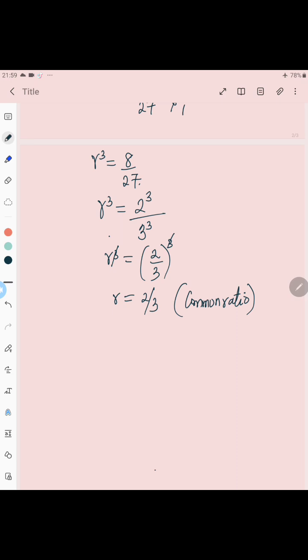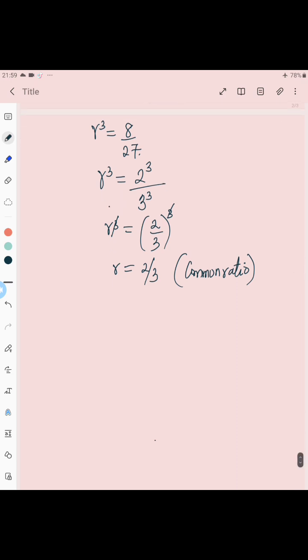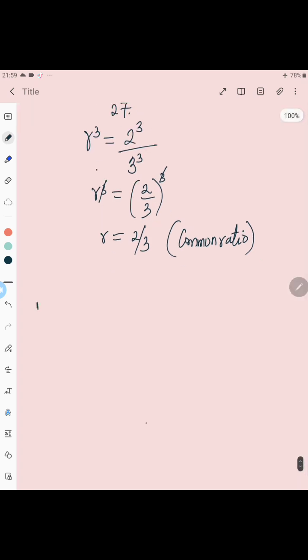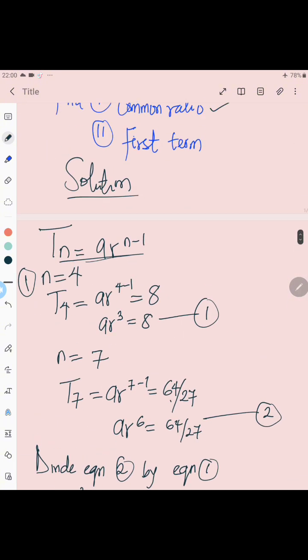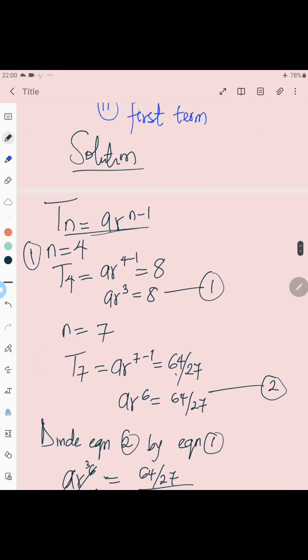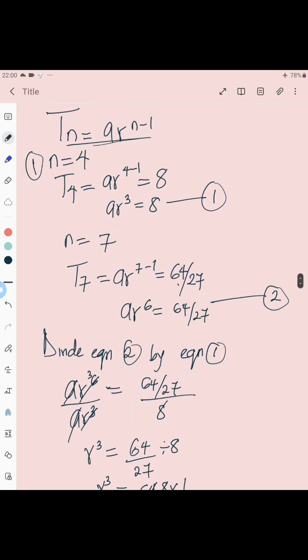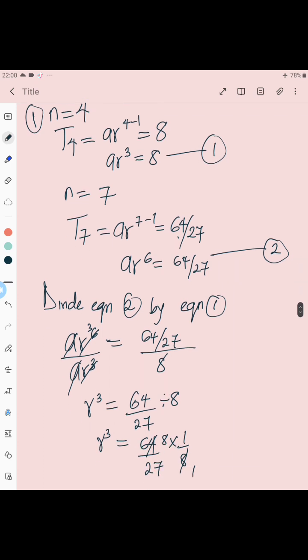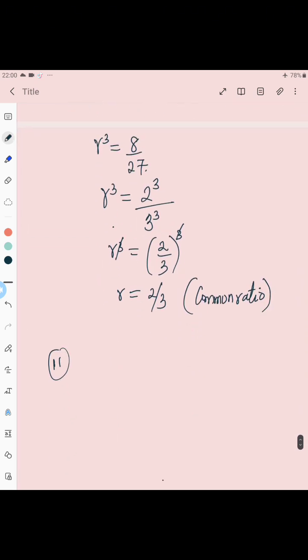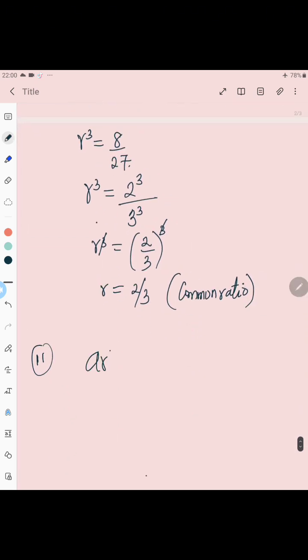So let's move on to the next question, which is for us to find the first term. We can use any of the equations, either equation 1 or 2, to get the value for the first term. So let's use equation 1 for the purpose of this class. Equation 1 says AR raised to the power of 3 is equal to 8.